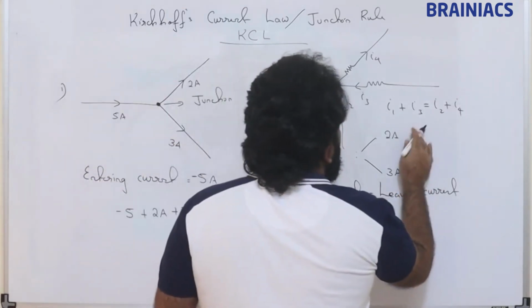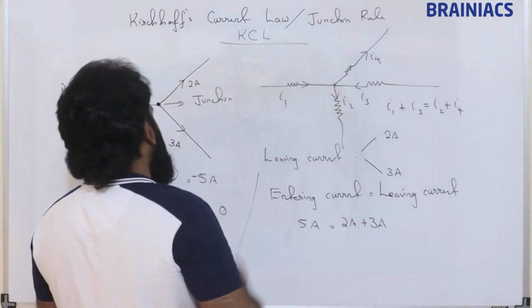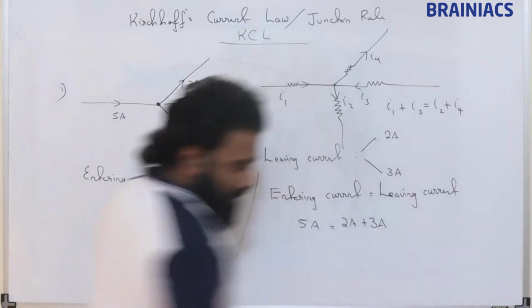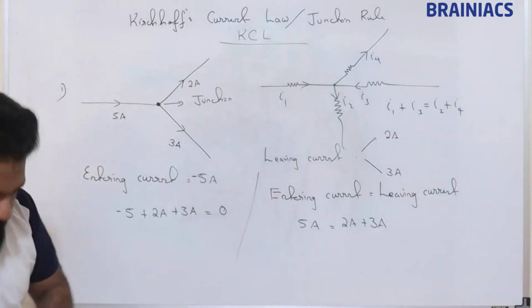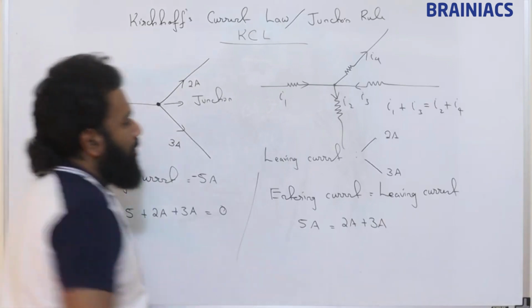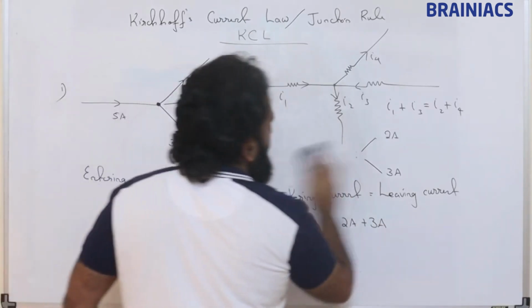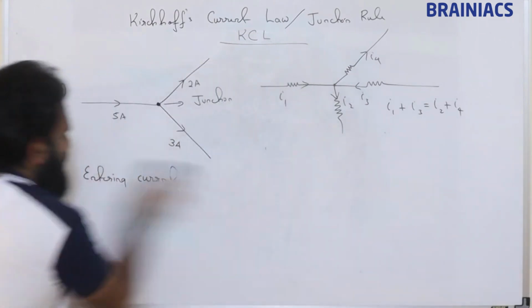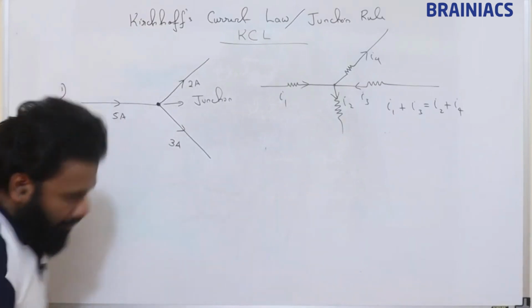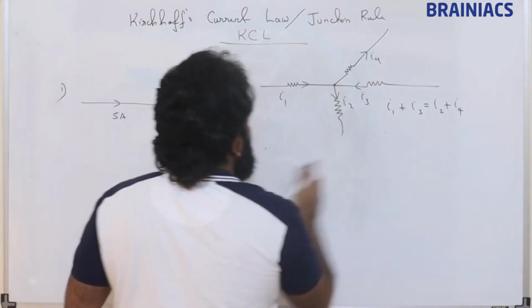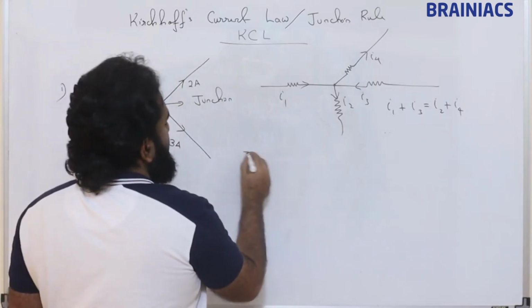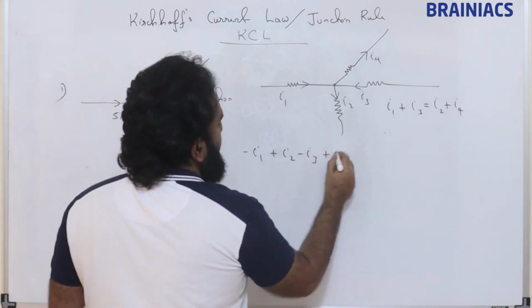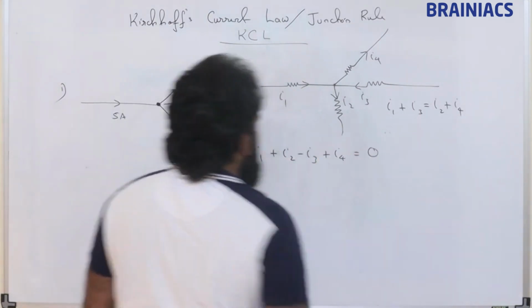Or if we put entering current as minus, then in this way also we can write: minus I1 plus I2 minus I3 plus I4 is equal to 0.